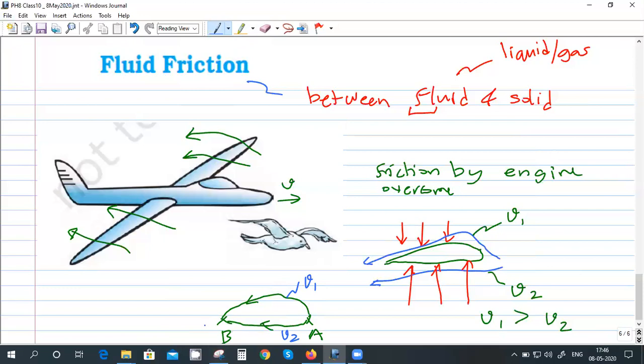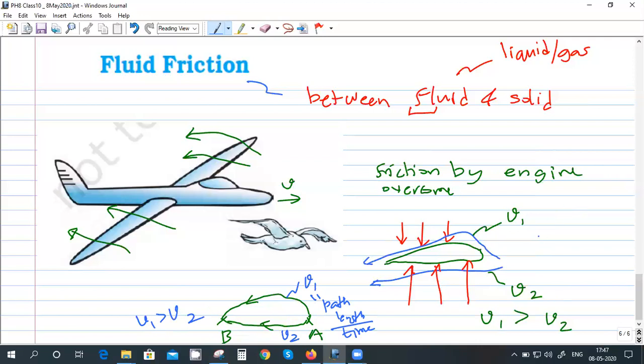And speed is path length by time, right? Yes, that is distance traveled by time. So distance traveled is more for one. So speed is more for one. So V1 is greater than V2.